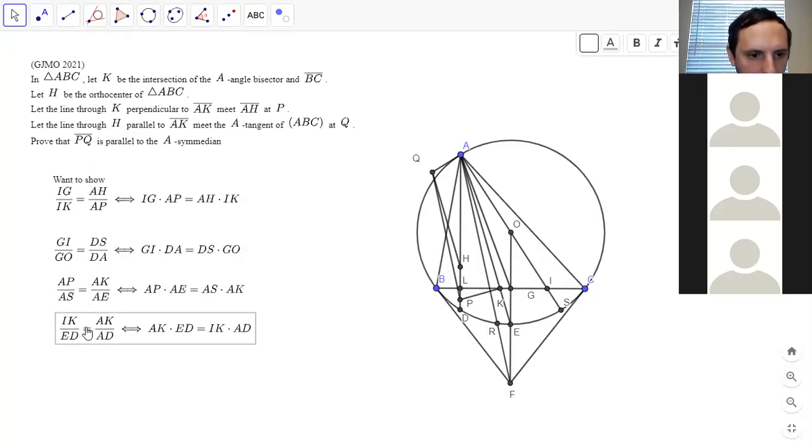So we take these three and multiply them. AD cancels and AK cancels.